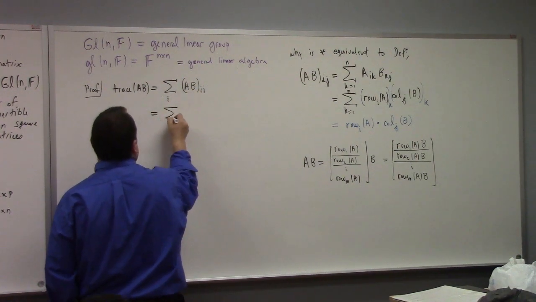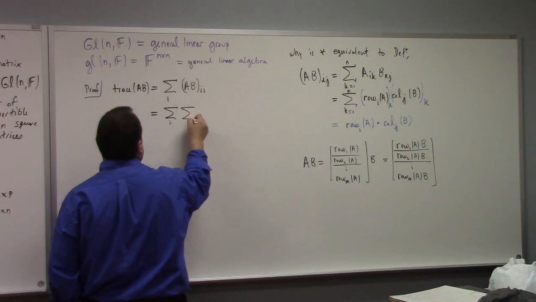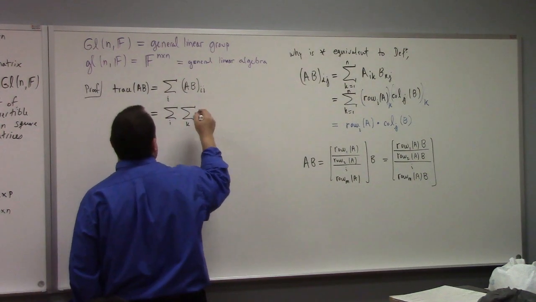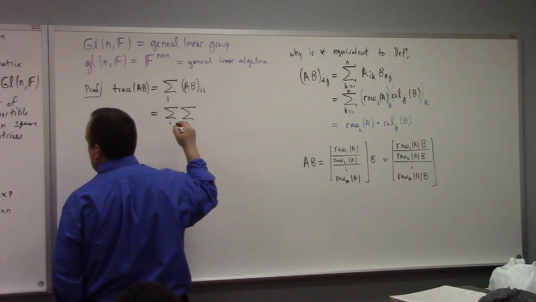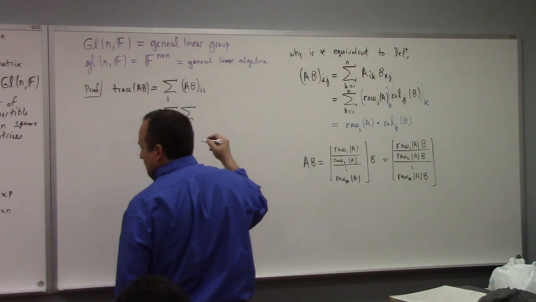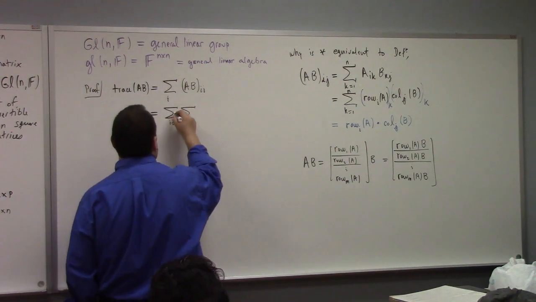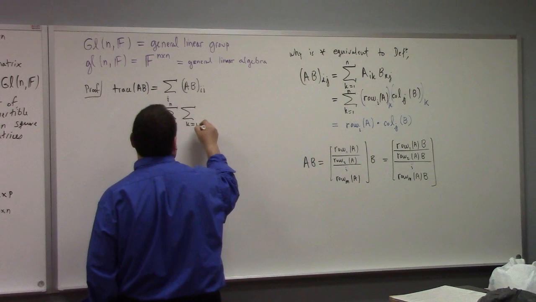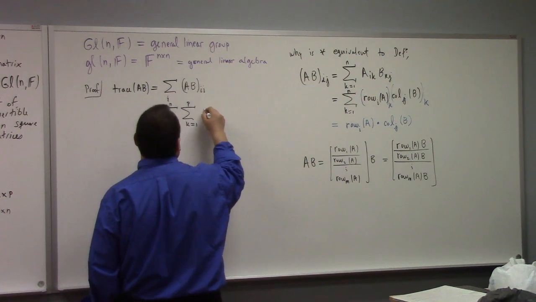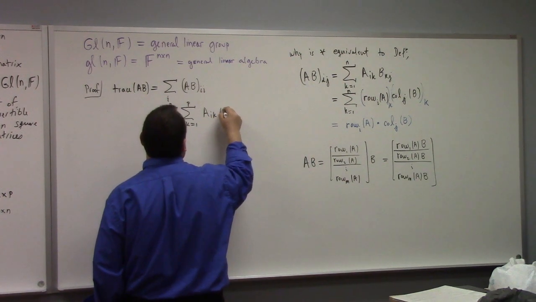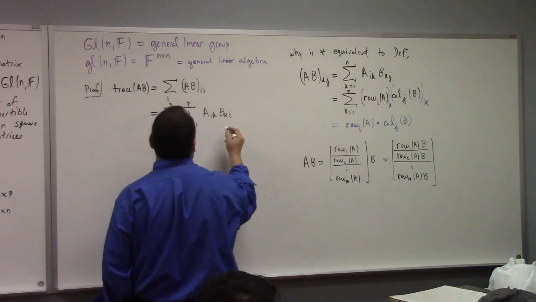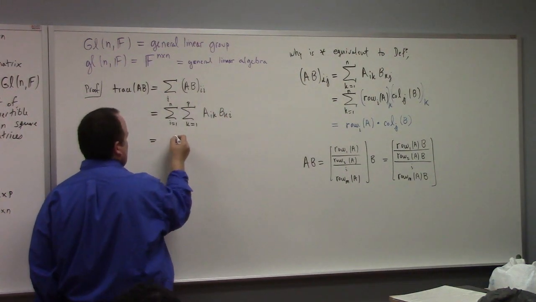That means the sum over i, sum over k, where i ranges from 1 to n and k ranges from 1 to p, of A_ik B_ki.